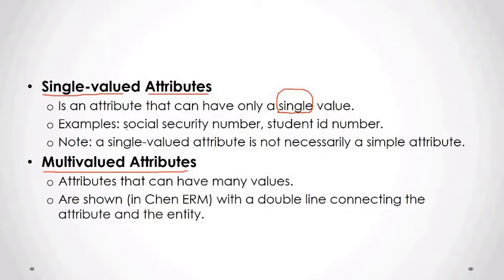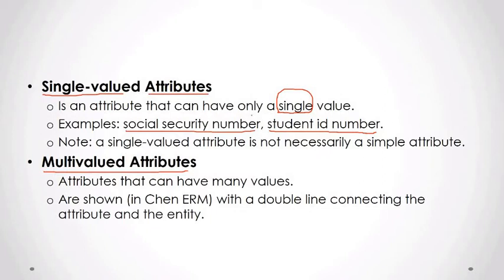So examples here are, okay, social security number. You have student ID number. Okay, so these are examples of single valued. Why is this classified as a single valued attribute?